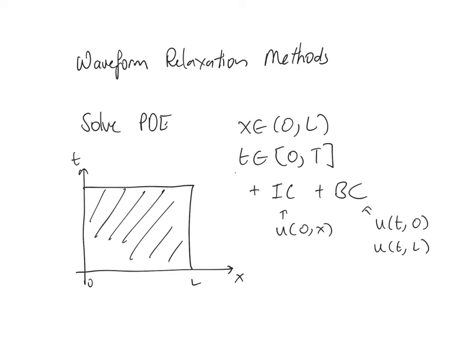So x goes from 0 to capital L, and time goes from 0 to capital T. In sequential time integration, given some initial condition, which is this blue line here, we take a step to solve for the solution at some time t1, take another step to solve for the solution at time t2, and take many, many of these steps, and at the very end, we get the solution at time capital T. That's a cartoon picture of what sequential time stepping looks like.